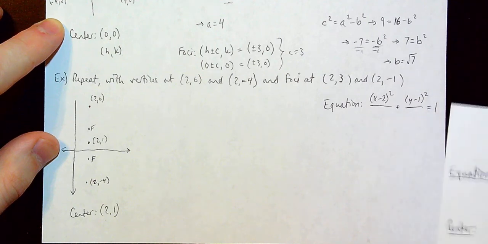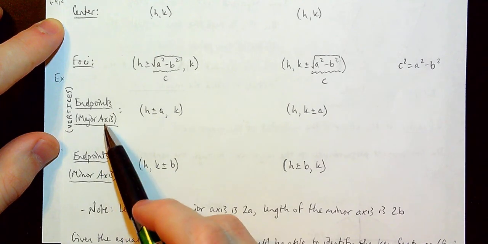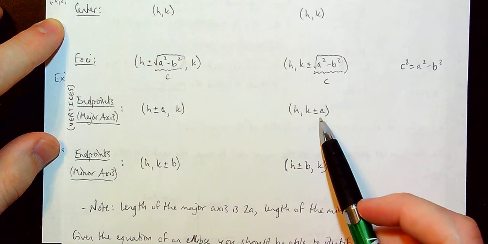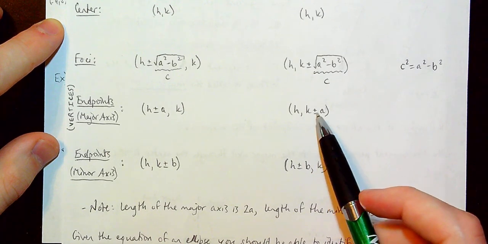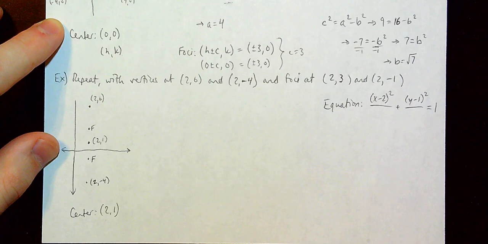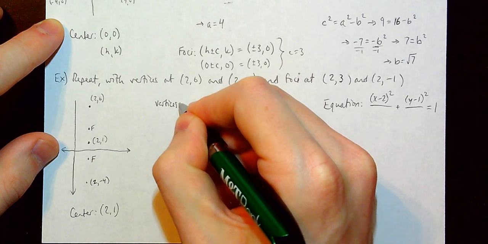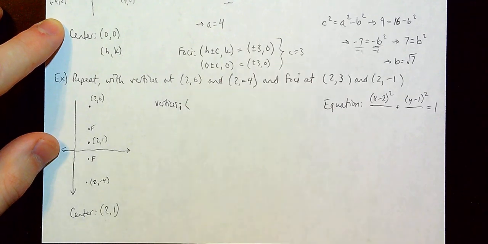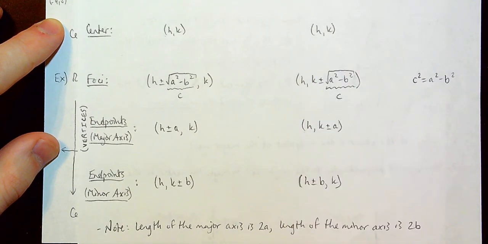Well, to figure out our a value, we are again going to appeal to the general formula for the vertices. But when you have a vertical major axis, it's going to be h, k plus or minus a. So looking at our vertices, again, our h value here is 2, and our k value here is 1.